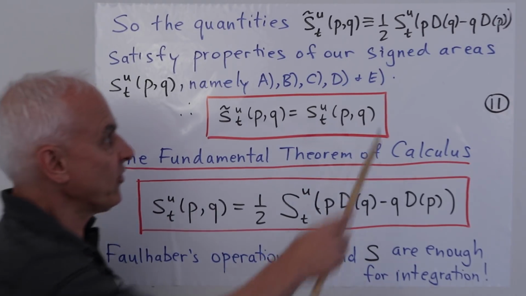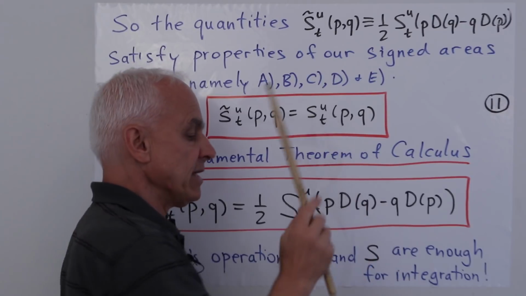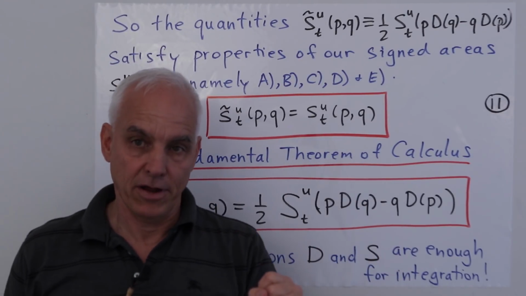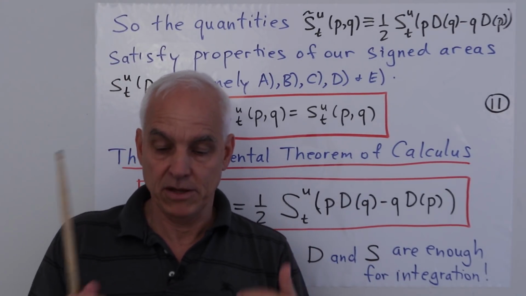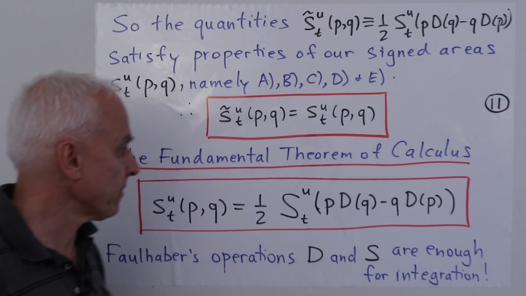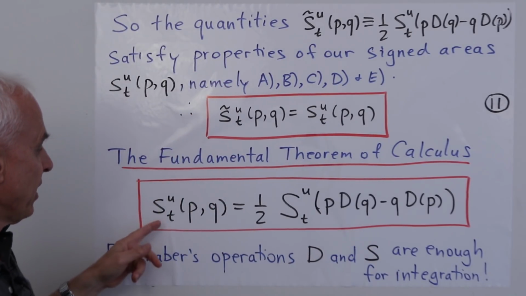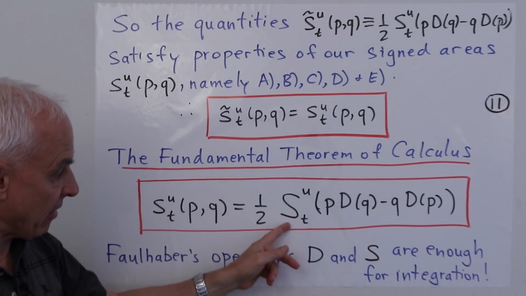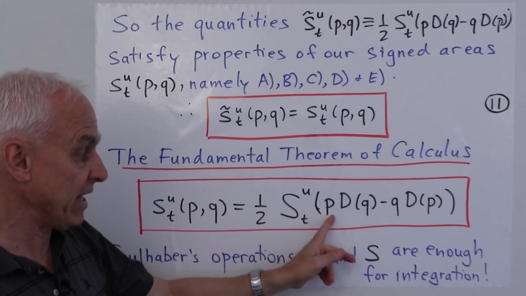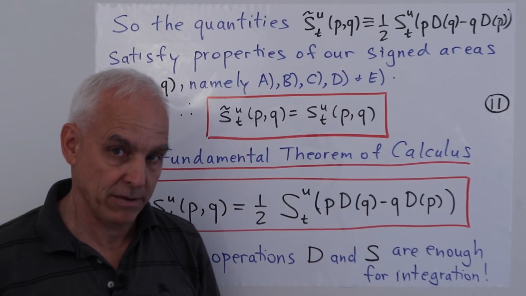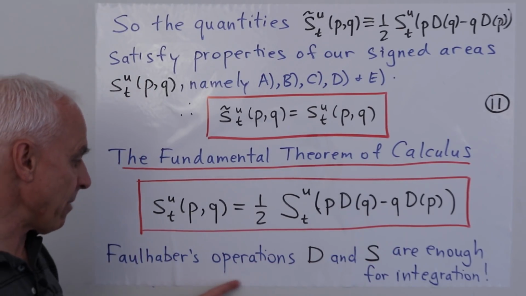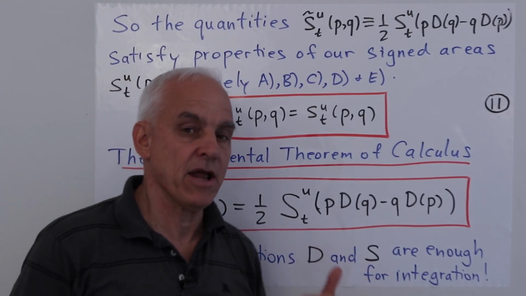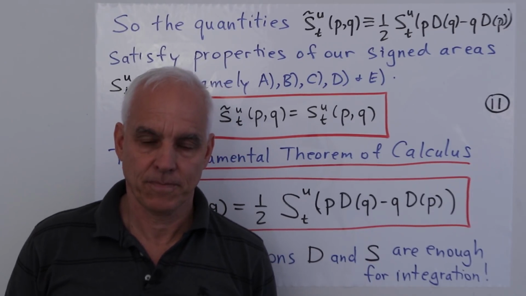That tells us that this expression here really is equal to the signed area of the curve PQ from T to U. That's the fundamental theorem of calculus. The signed area from T to U of PQ is 1/2 the Faulhaber integral from T to U of P dQ minus Q dP. The Faulhaber operations D and S are enough for integration.